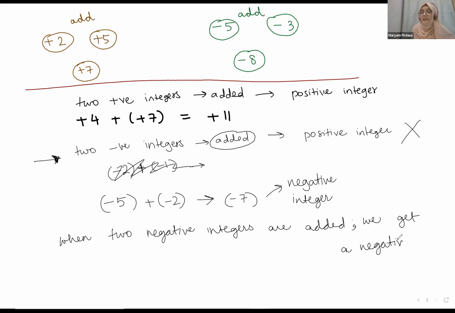When two negative integers are added, we get a negative integer. Very good. Excellent. If you want, you can write this down. When two negative integers are added, we get a negative integer.